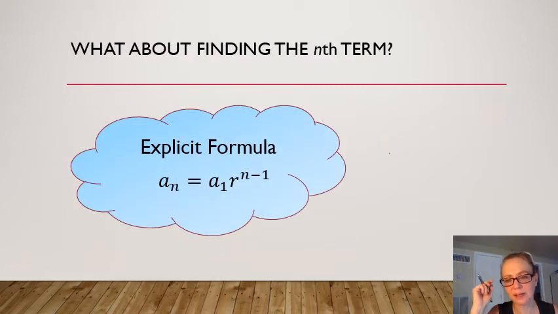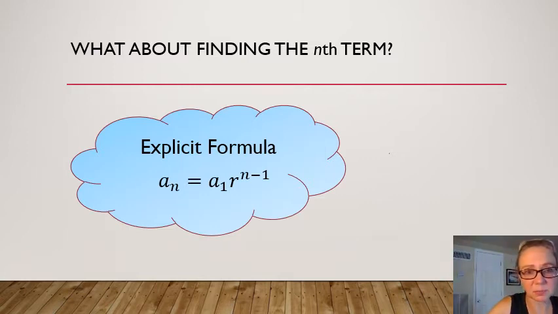Now, what if we want to find some random term that's way on down the road? So if I want to find the 100th term, do I really want to find the 99 previous terms in order to find the hundredth? I don't. That's a lot of time and multiplication.